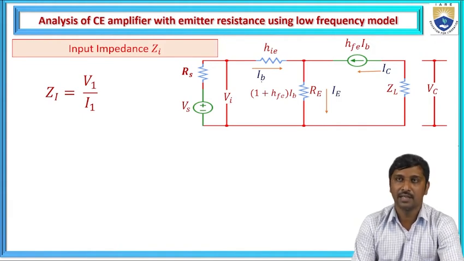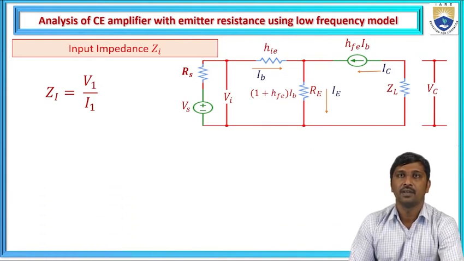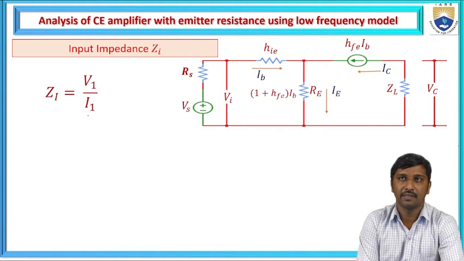From the common emitter configuration, the base acts as the input terminal. Hence, the current flowing through the base terminal is IB, which acts as the input current. So I1 is replaced with IB.